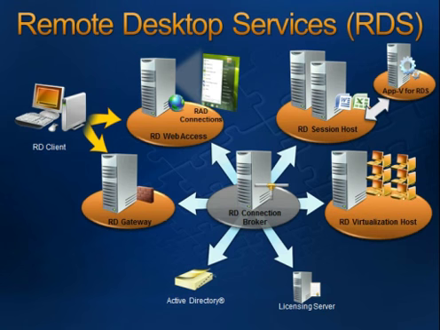What RD gateway does is encapsulate the RDP protocol into HTTPS. So all you need to do is publish RD gateway using port 443. The users connecting from outside can access from anywhere by using port 443.